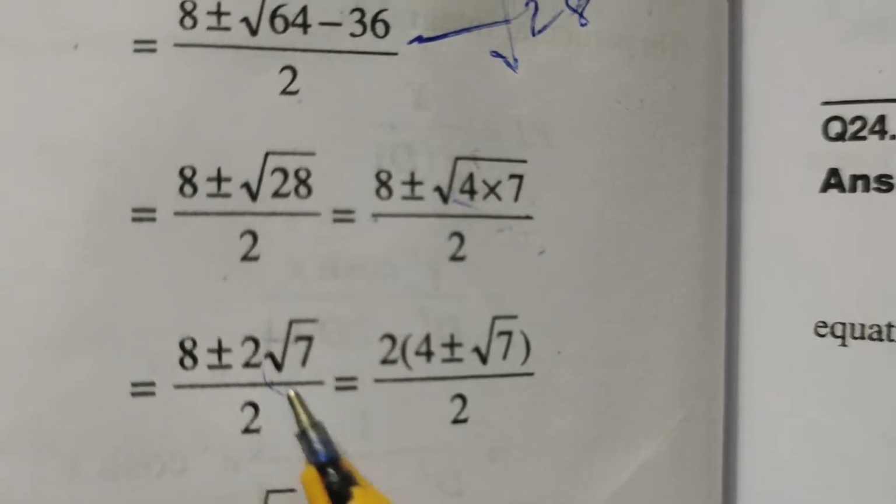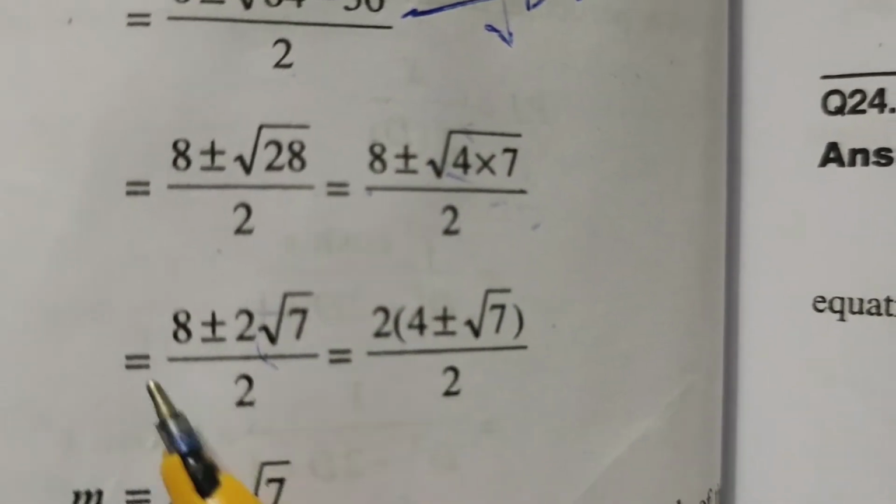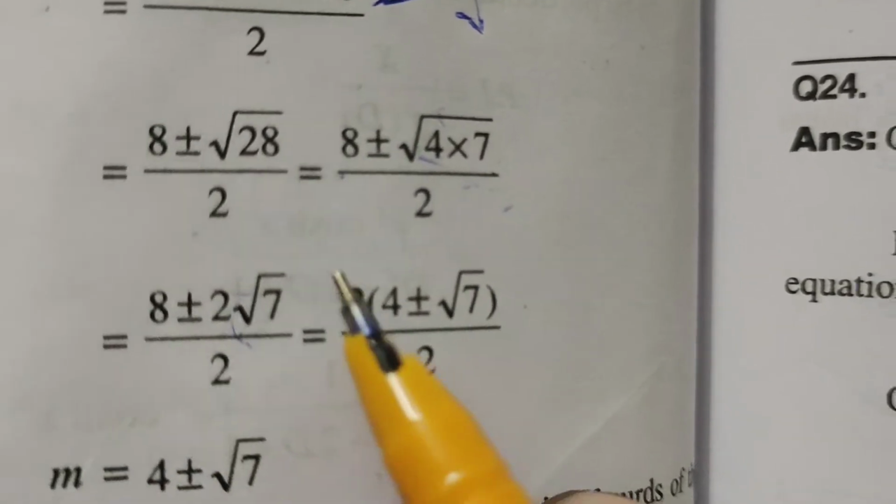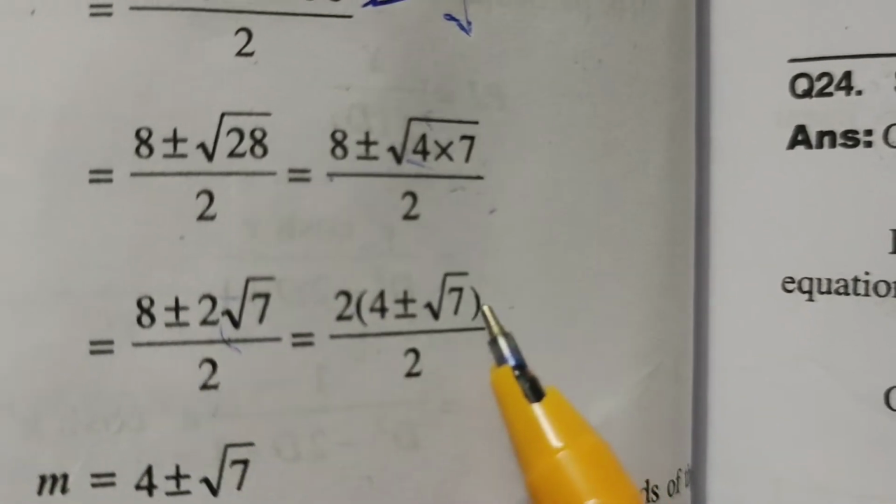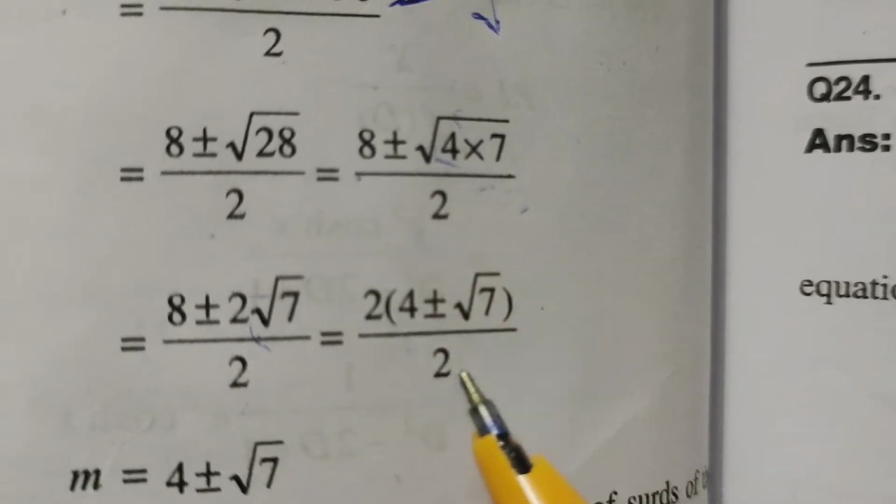So m = (8 ± 2√7) / 2, which gives m = 4 ± √7.